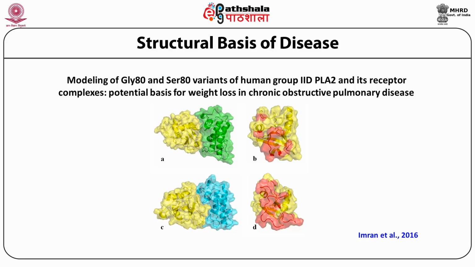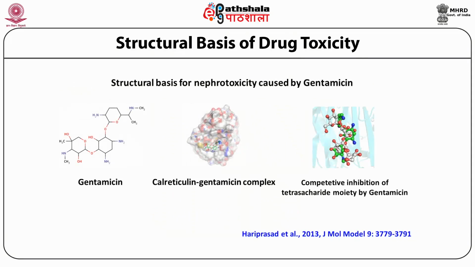What does that mean? It means that serine 80 is a more potent ligand for this particular receptor, thereby triggering the release of cytokines that cause or mediate weight loss in patients with chronic obstructive pulmonary disease. Understanding drug toxicity also is an important application of protein structure prediction.